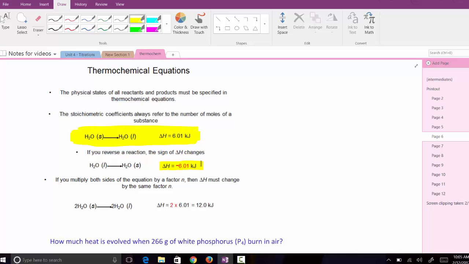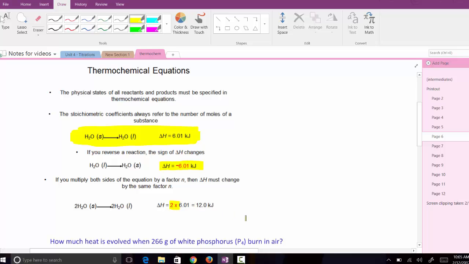So if I multiply through an equation, which when we get to Hess's law you will be doing, then I also have to multiply through the delta H by the same amount.